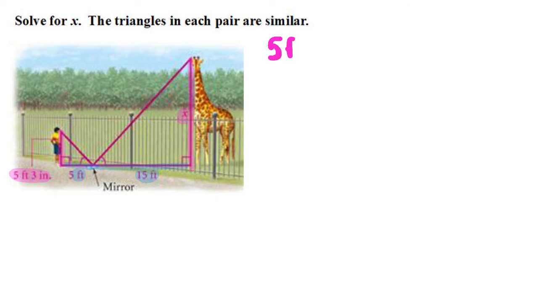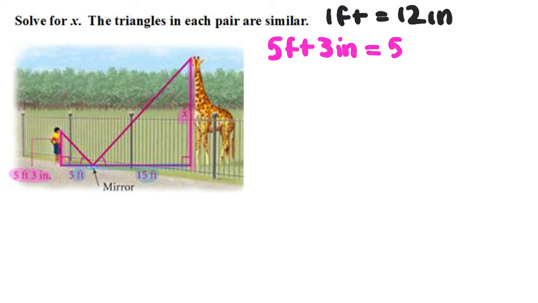So 5 feet 3 inches becomes, and we know that 1 foot equals 12 inches. So it would be 5 times 12 plus 3, which gives you 63 inches.